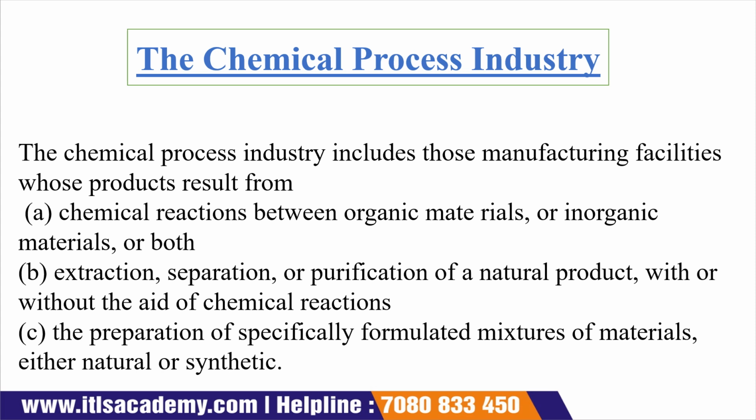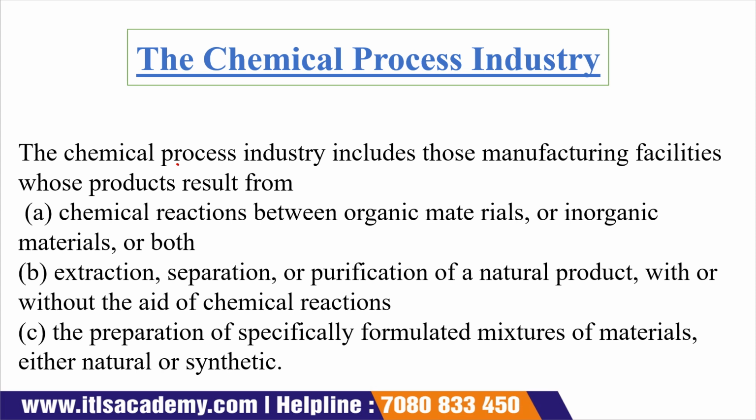Even the preparation of specially formulated mixtures of materials. Now the third point is the preparation of specially formulated mixtures with the help of minerals, and these materials are either natural or synthetic. Now see what is written in the slide.